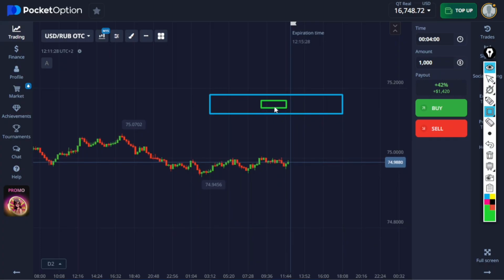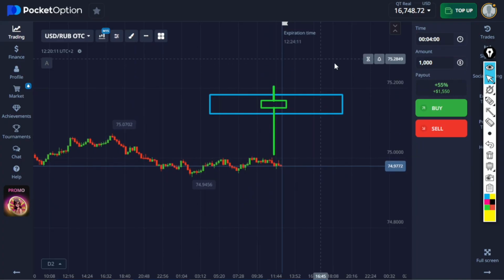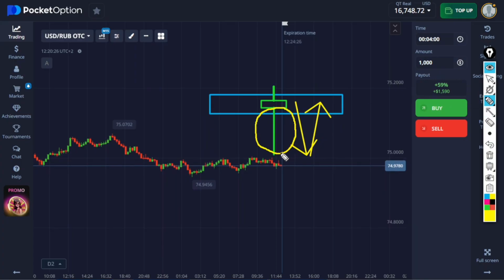So we have a body, a wick, and a wick. This here is an example of a bullish rejection candle. Sellers tried to drive price down, but then buyers swiftly took control, driving the price back up, forming this long lower wick. And this long lower wick forms the bullish rejection candle.